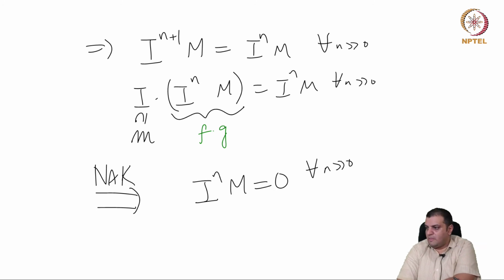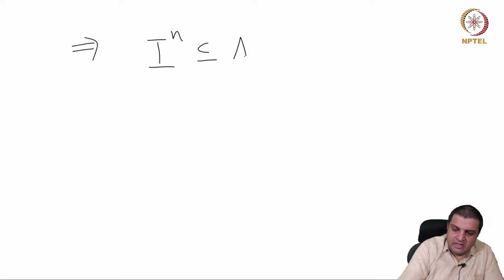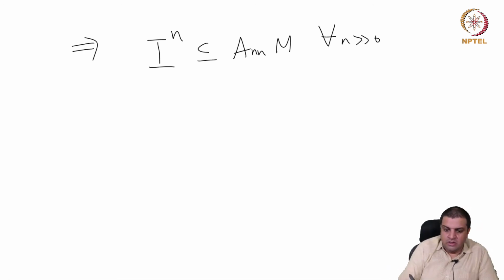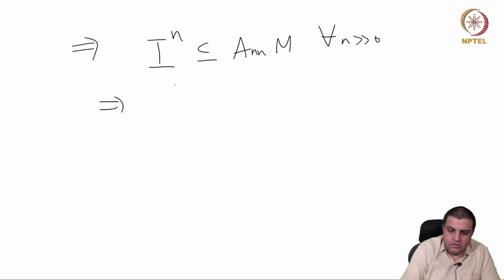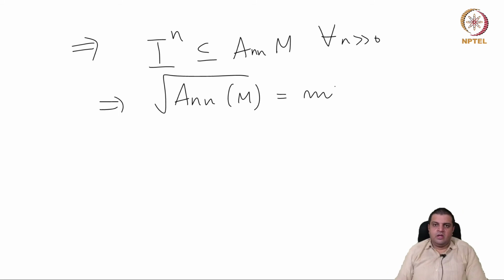Okay? In other words, I^n is inside the annihilator of M for all sufficiently large n. Or in other words, the annihilator of M is m-primary, and M is finitely generated.